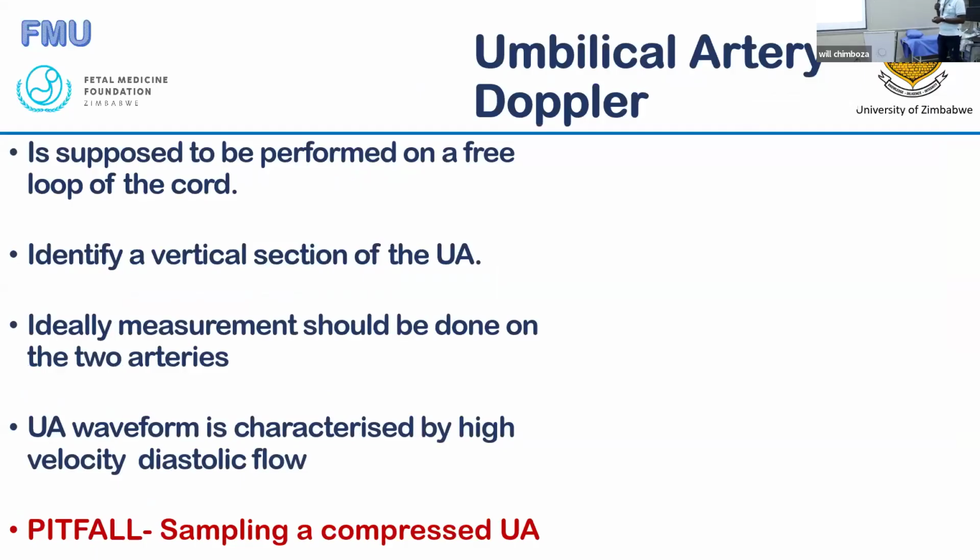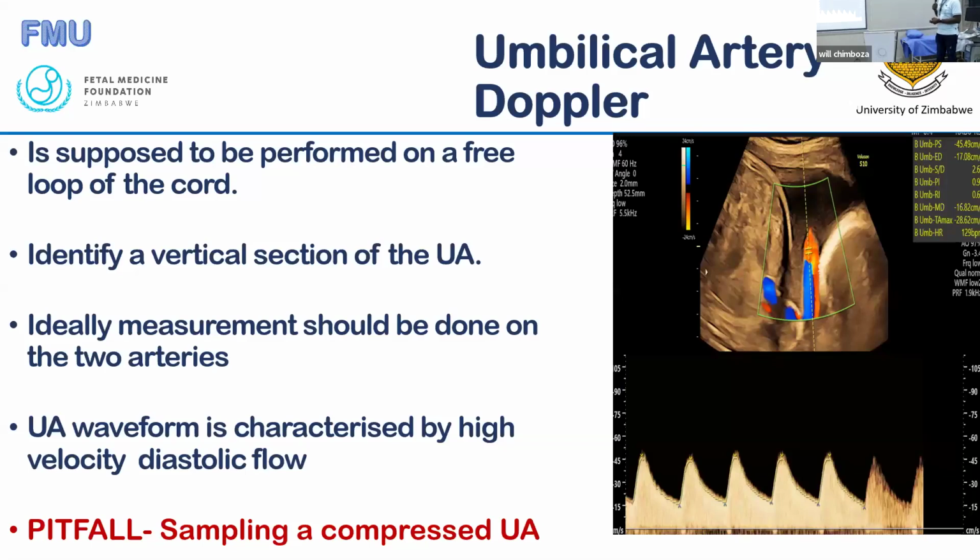I move on to the umbilical artery Doppler, supposed to be performed on a free loop of the umbilical cord. So what do we mean on a free loop? Like it should be floating in the amniotic fluid so that it doesn't have interference of compression from the fetal parts or any other thing. So it should be a free loop. You identify a vertical section of the umbilical artery so that your beam will be parallel to the vessel.